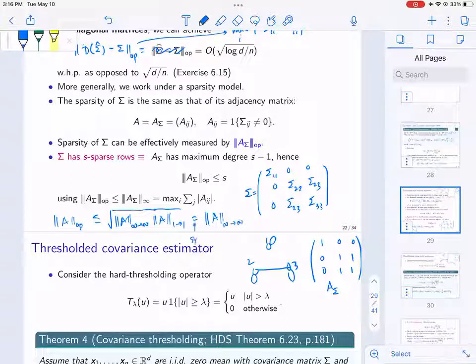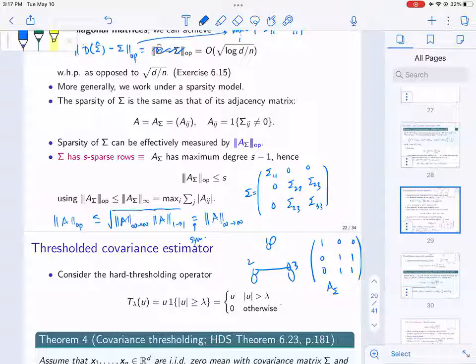For symmetric matrices, the infinity operator norm and the 1 operator norm are the same. So the operator norm of a symmetric matrix is bounded by the infinity-infinity norm, which is the max row sum. And so if there are at most S non-zero elements, the sum of each row of the adjacency matrix would be at most S, so the operator norm would be bounded by S.